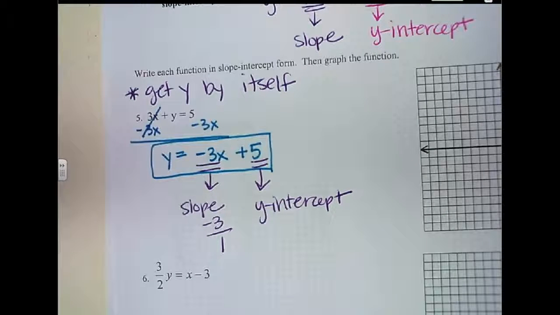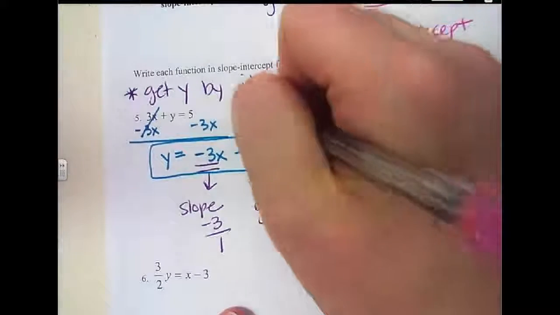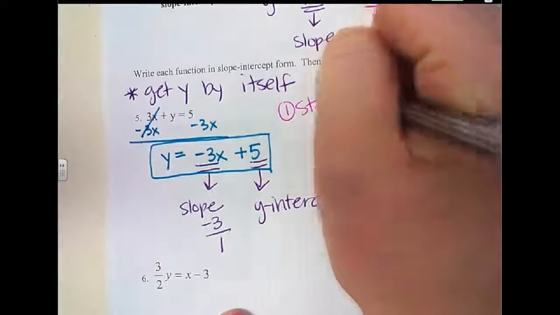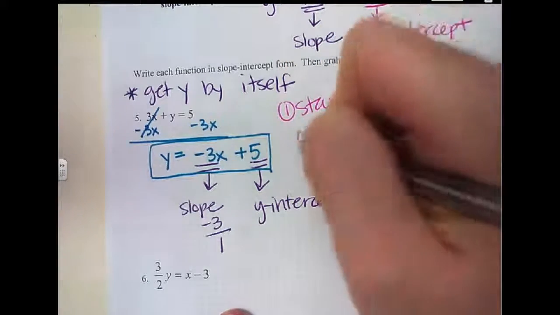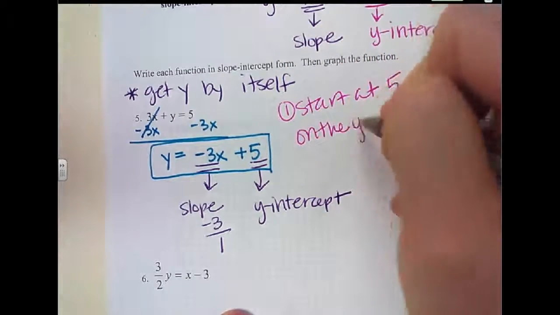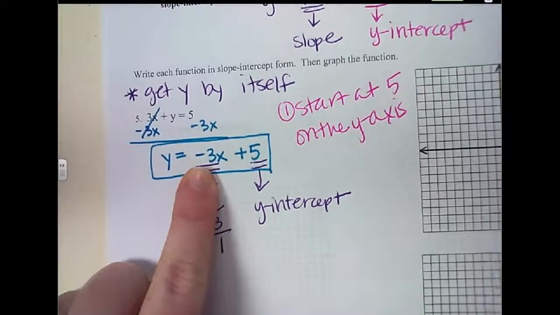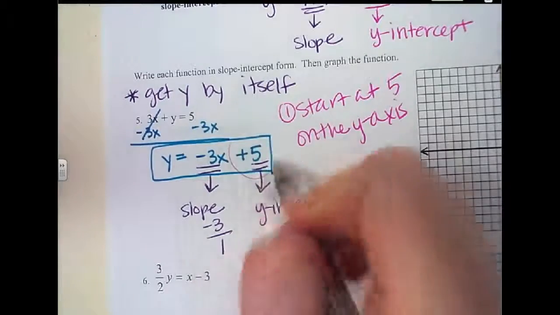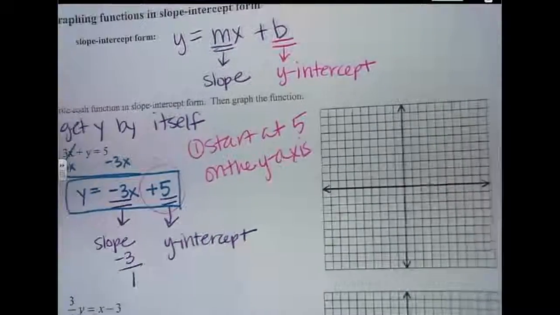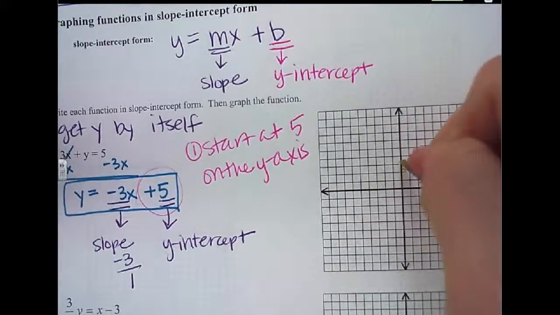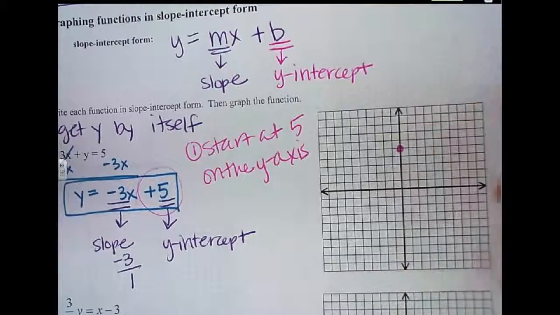So how would you start graphing this? Where would you start at? 5 on which axis? The y-axis. So I'm going to say start at 5 on the y-axis. Because what I see sometimes is people taking the slope and they try to start from 0, 0. You always start with this first. So at positive 5 on the y-axis, put my point.